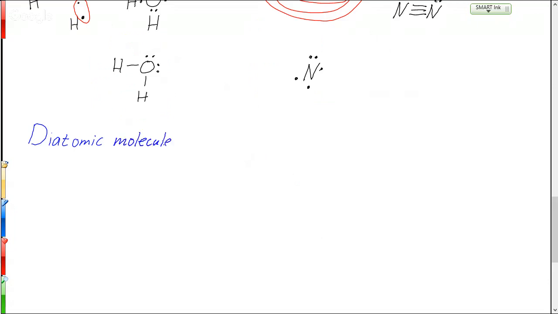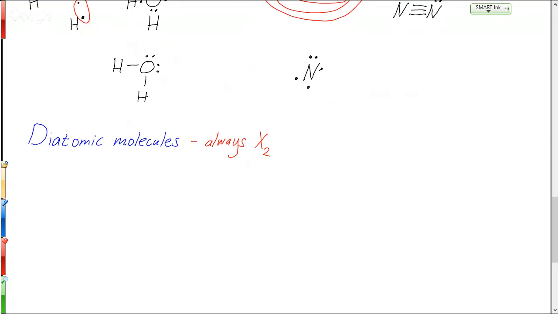It's important to know which ones are which, because when we go on and talk about chemical equations, we need to know their formulas. They're always some symbol and then a 2.